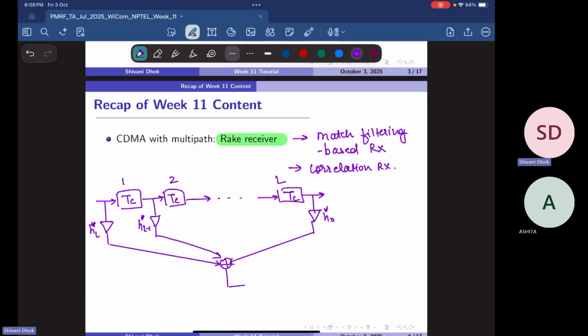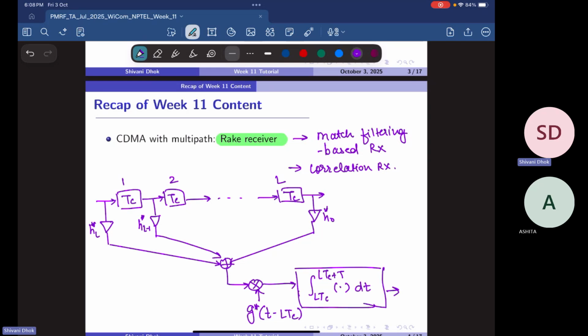This added signal, we multiply it with your filter, your pulse shaping signal, and then we integrate it over this duration. And here we get the final bit, whatever we want.